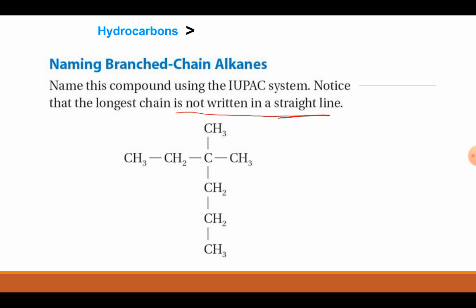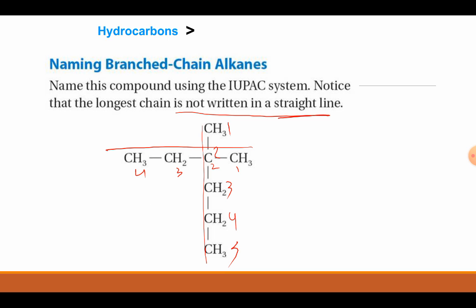Let's count the straight one. This is straight, right? Let's count. 1, 2, 3, and 4. Let's count another chain. This one is straight also. 1, 2, 3, 4, 5. It's longer. So it's the parent.